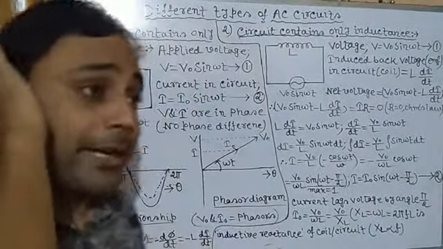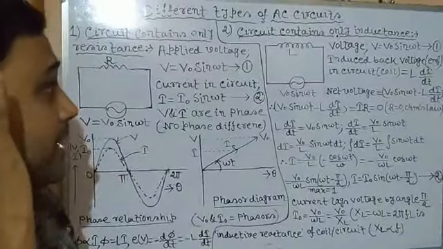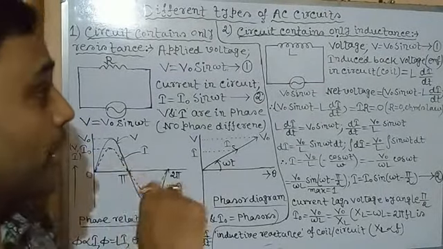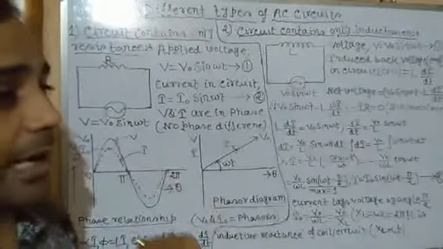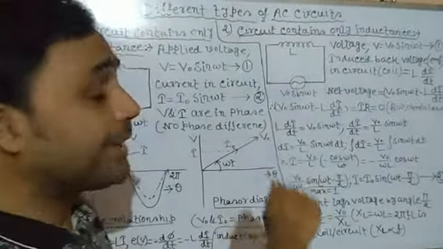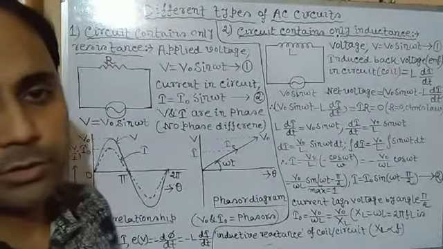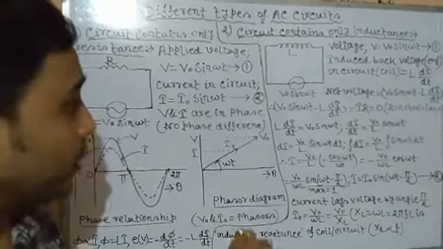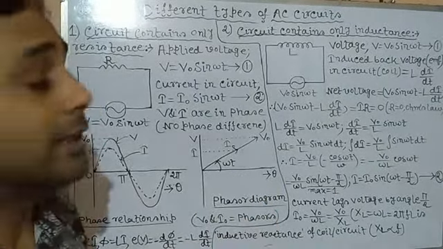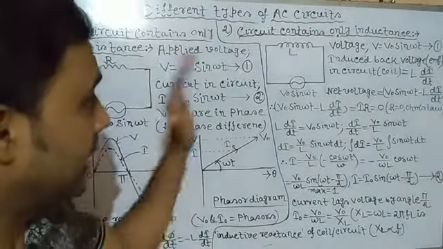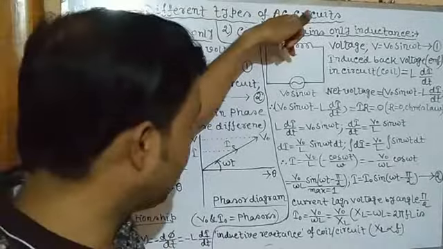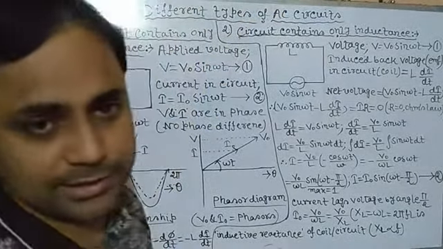When the circuit contains an inductor, it means we twist a straight conductor and give it a spiral shape, so it takes the shape of a coil. In that case, instead of resistance, it contains what is called an inductor, and it is called inductance.